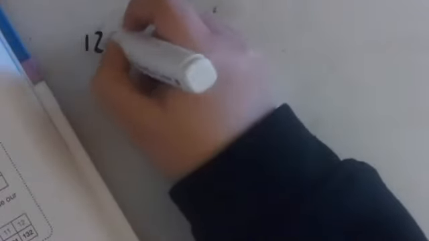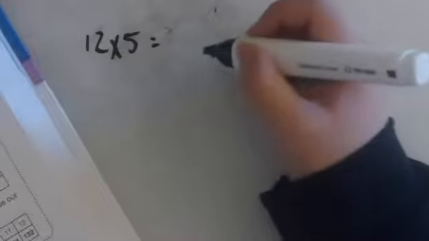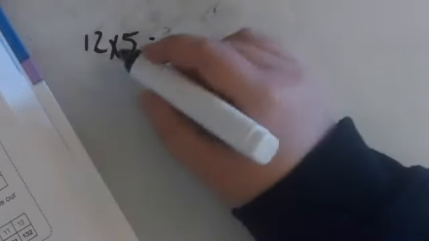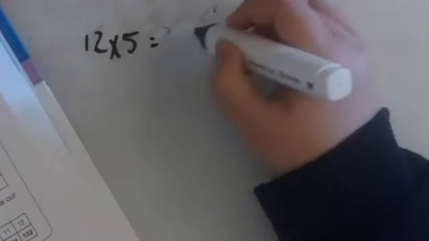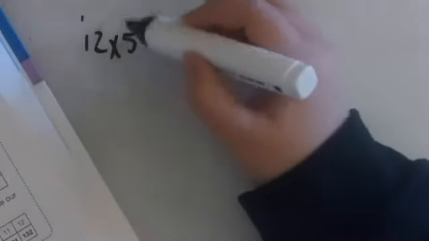Now 12 by 5. If we times 12 by 5, we'd be doing 5 times 2 is 10, which is a 0, carry the 1. 5 times 1 is 5, plus 1 is 6, and that's 60.